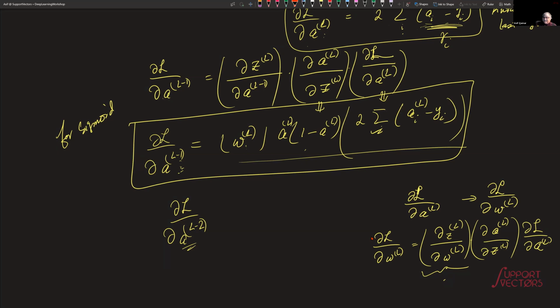What is the input to this layer? It is A L minus 1. Isn't it, guys? What is ZL? A L minus 1 times the weight of the last layer. And so when you take this, you'll get this term. When you take the activation, this again becomes your A times 1 minus A. And you just computed this activation with respect to that. So all your gradients you compute without actually doing numerical computation in the derivative sense.